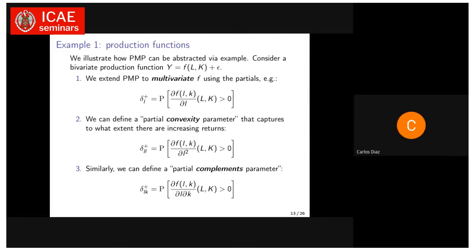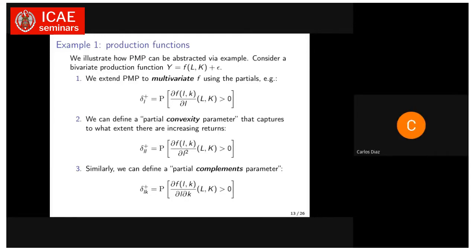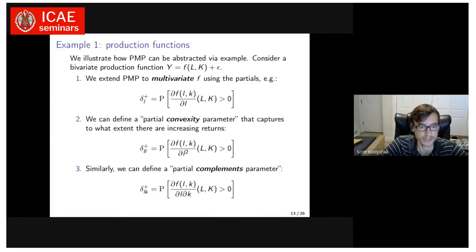A question, Scott. In the slides, there are small L and K and large L and K. Is there any difference between them, or is it the same? Thank you for the question. Yes. The small L and K are just the function arguments.